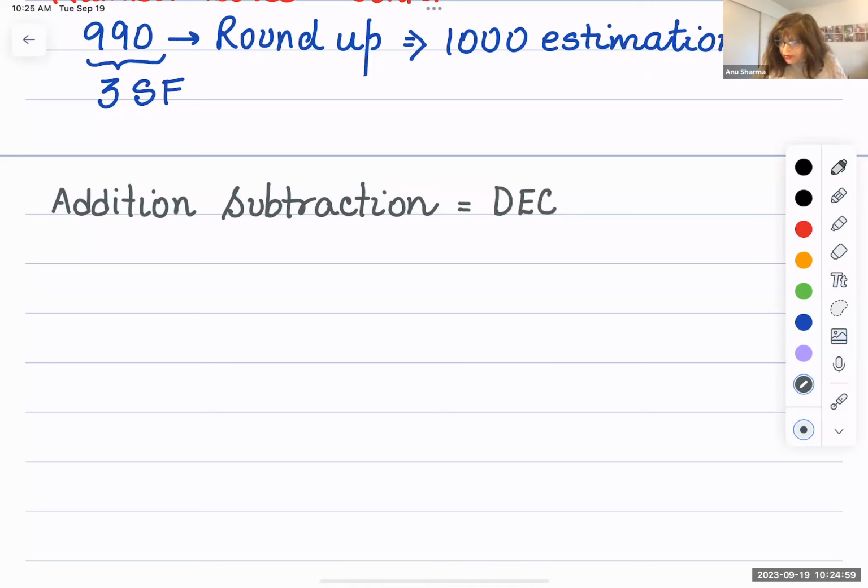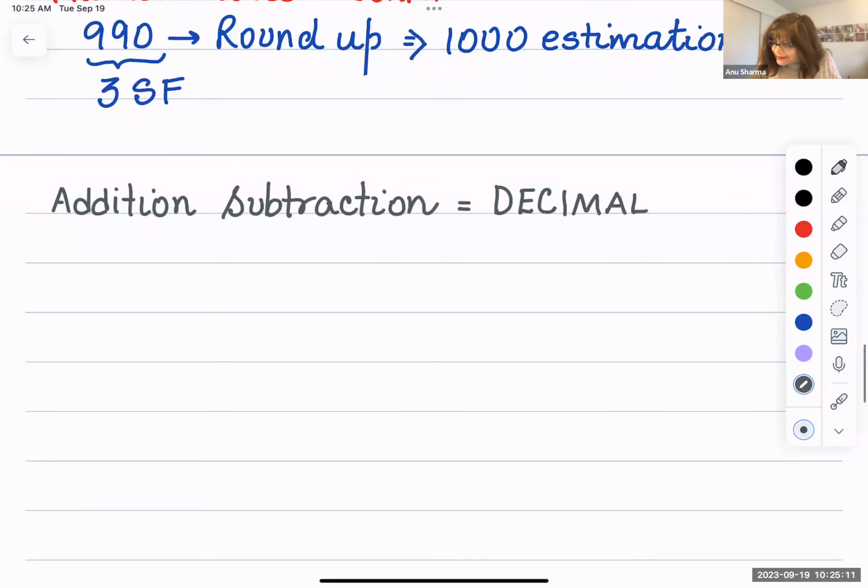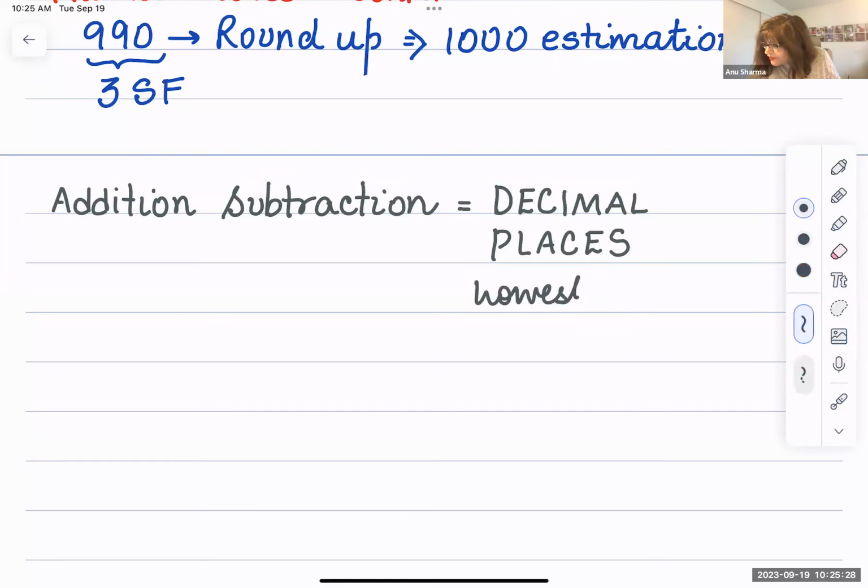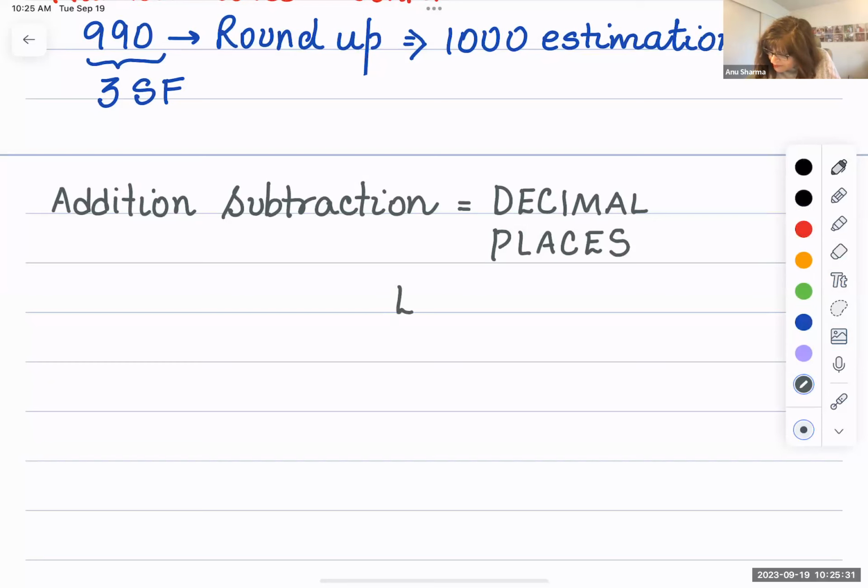I have taken the test in other classes also: show the decimal places, don't just assume. The final answer will have the lowest number of decimal places. So this is one rule.